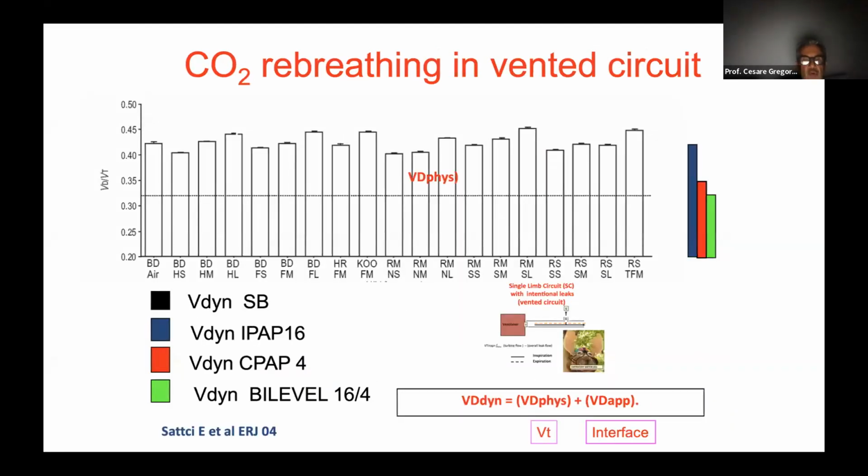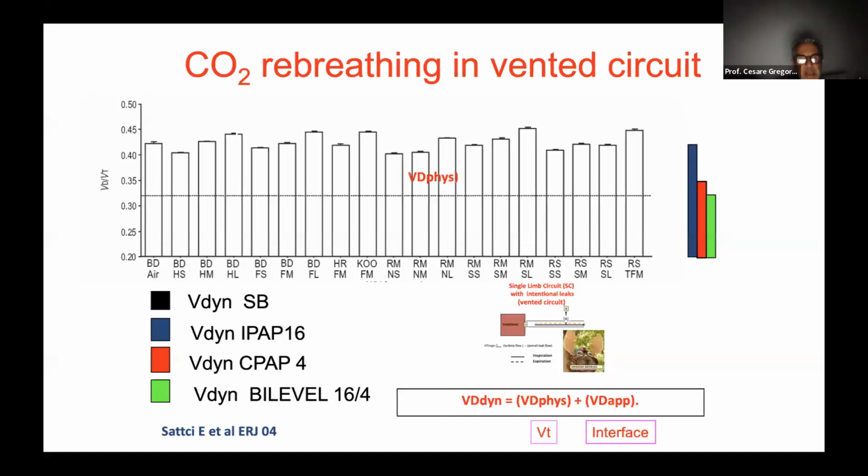Now, I want to show you an old study. This study was published in the European Respiratory Journal many years ago, 2004. And before telling you the results of this study, I want to tell you that we have to define what the dynamic dead space is.